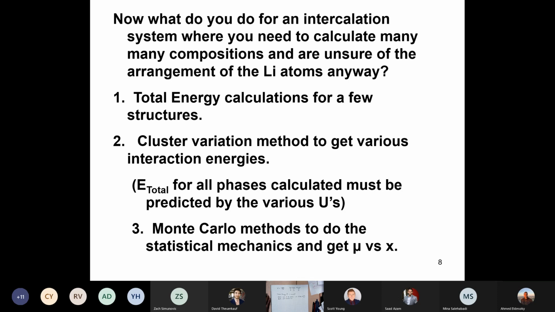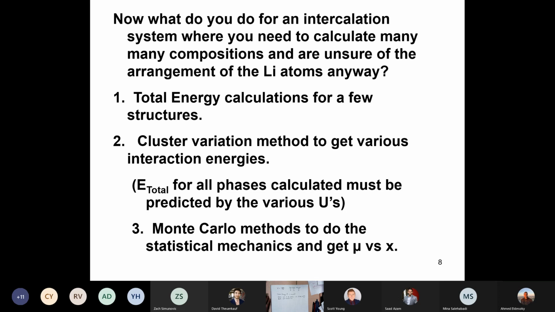We would do a total energy calculation for, say, lithium 1/4 cobalt dioxide with lithium atoms arranged in some particular way. And then again for lithium 1/4 cobalt dioxide with lithium atoms arranged in a different way. And then again with lithium atoms arranged in a third different way.